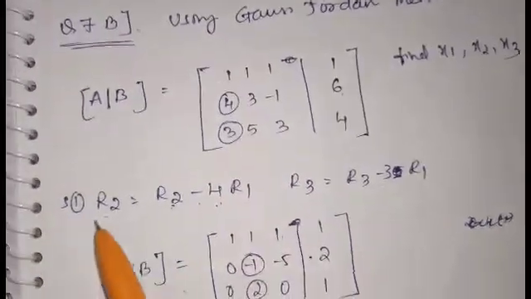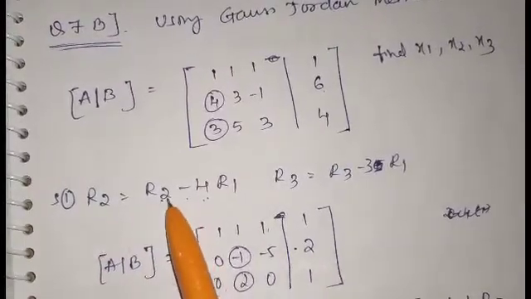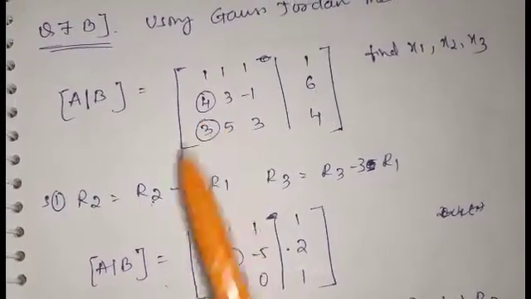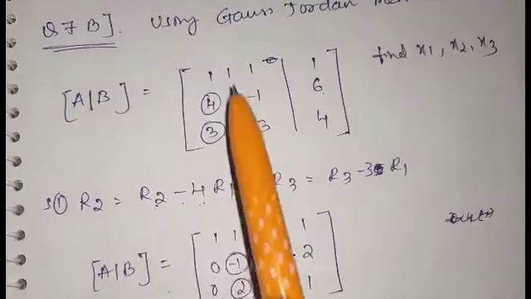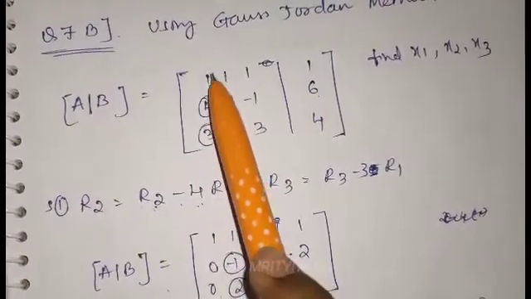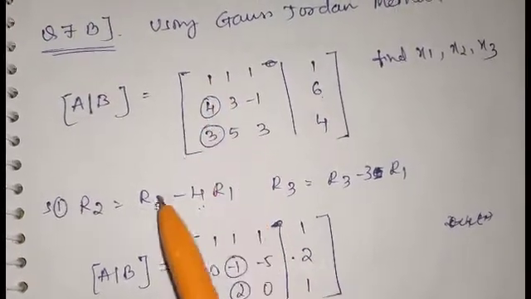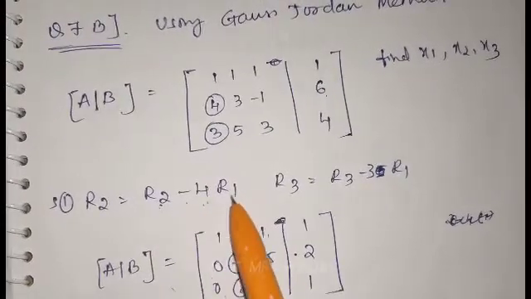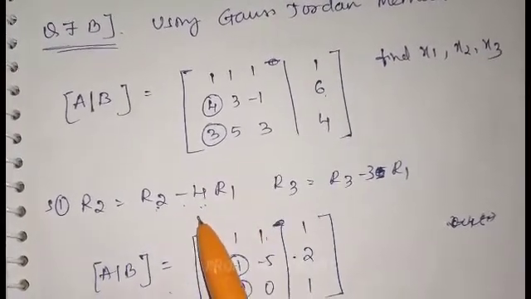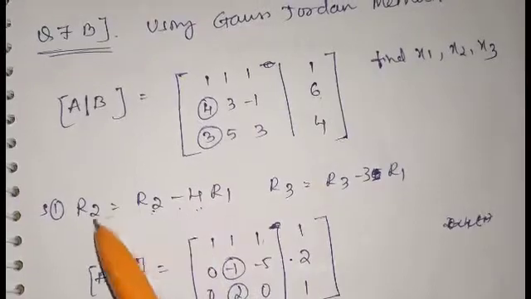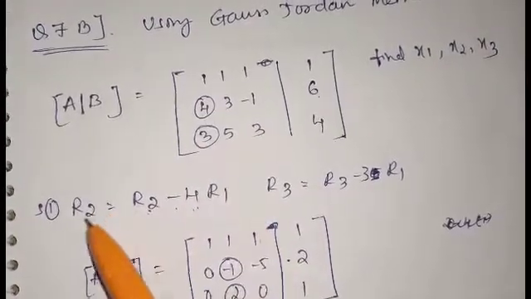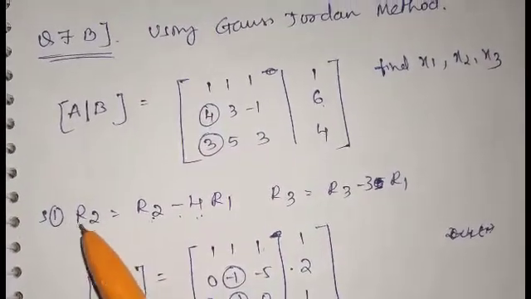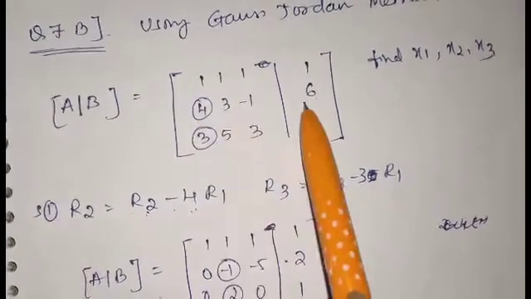In the first step I have taken R2 equals R2 minus 4R1 to make this element 0. So 4 minus 4 into 1 gives you 0 here. When you apply this expression or formula, you should apply it to the whole row.